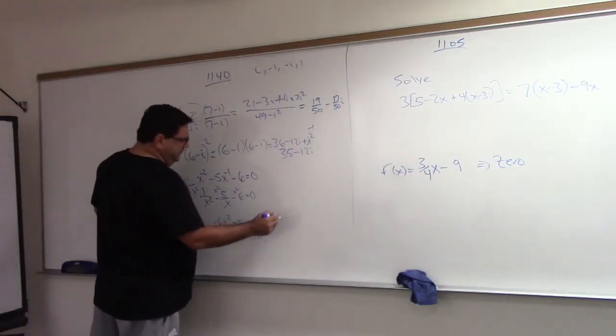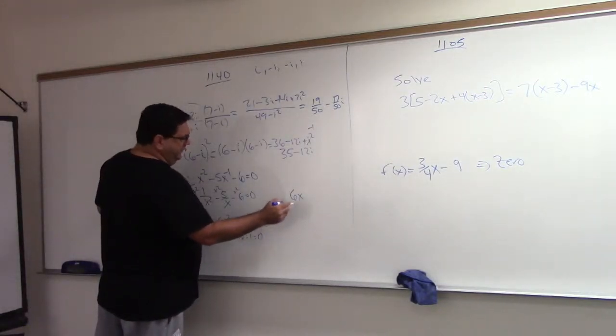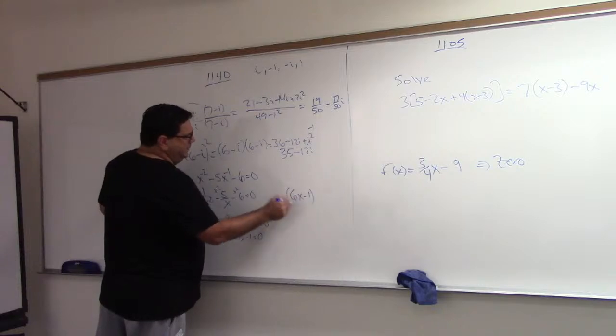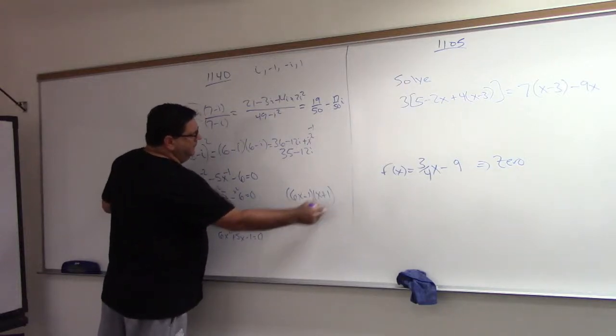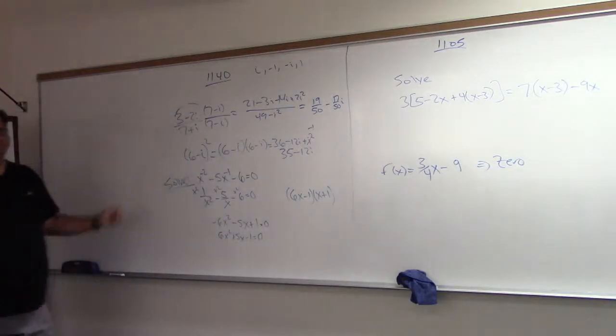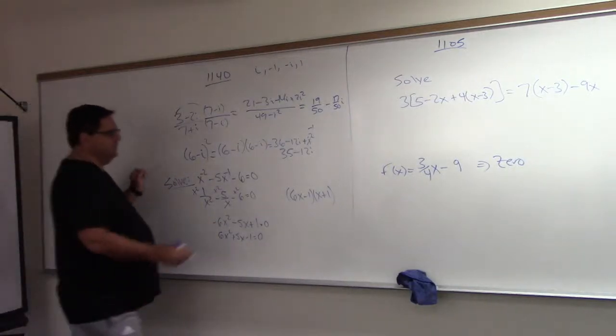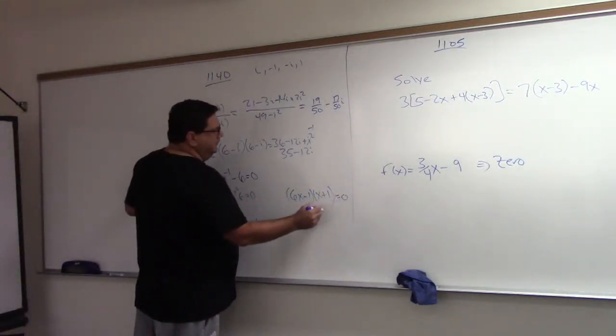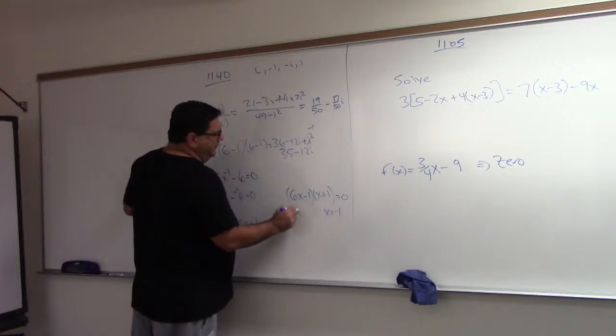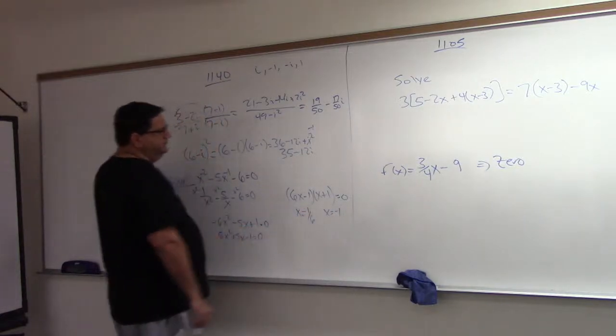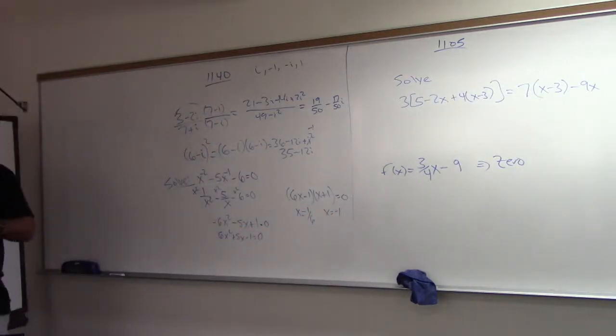Factor: 6x minus 1, x plus 1 is equal to 0. x equals negative 1, and x equals 1/6. Add the 1, divide by 6. Pretty straightforward.